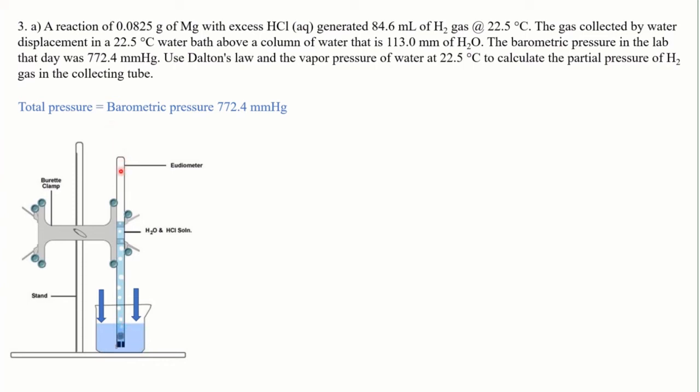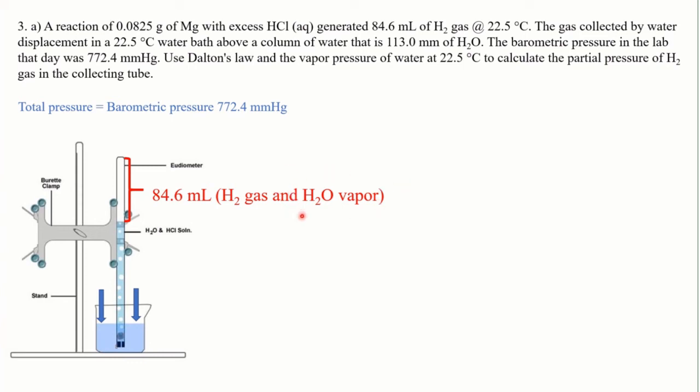If we look inside, we have a few things inside the tube. First, we have the partial pressure of hydrogen gas that was produced from the reaction of magnesium and hydrochloric acid. This gas is wet gas, it's not dry hydrogen because it's collected over water, so it will contain some amount of water vapor.